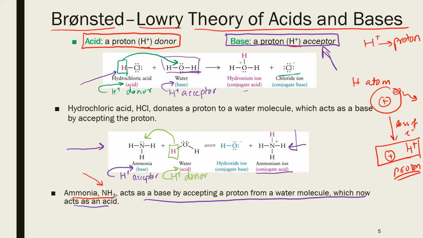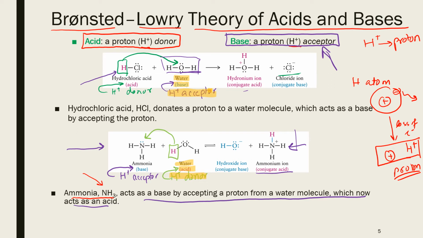Another interesting thing I would like you to notice here is the character of water. It is unique. In the first reaction, water is accepting the proton and water is a base. But in the second reaction, the water molecule is donating the proton, therefore water is an acid. So what's happening with water? Is it an acid or a base? The answer is both.